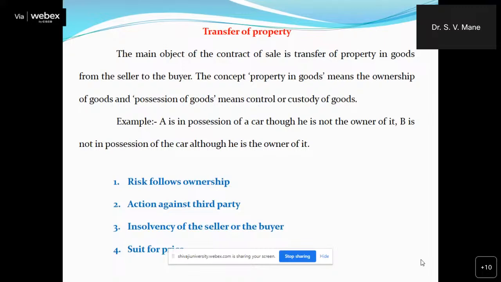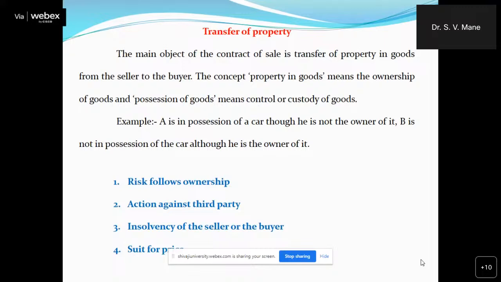When the property is transferred to the buyer, the goods are at the buyer's risk, whether the delivery has been made or not. But if delivery has been delayed through the fault of either the buyer or the seller, the goods are at the risk of the party at fault. Thus, risk follows property.